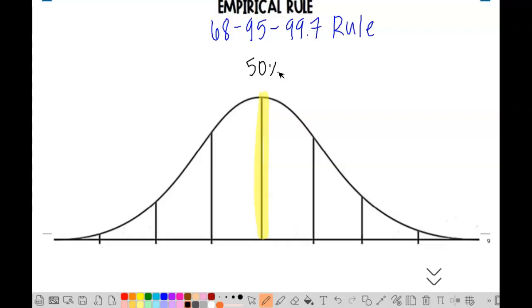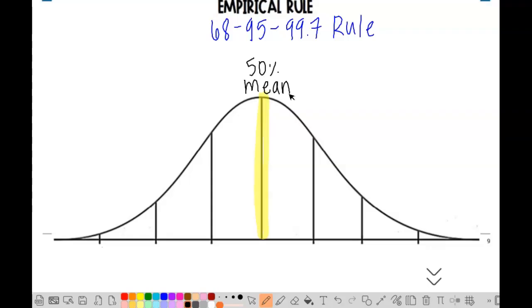And then someone else said this is the mean. If there's a question that asks what percentage of the data is above the average, where would you look? The middle, because that's where it splits it in half, right?